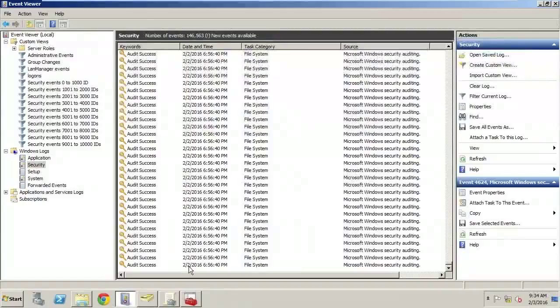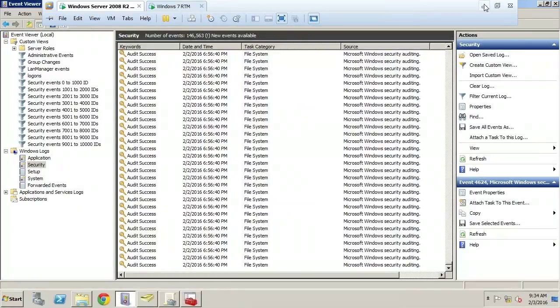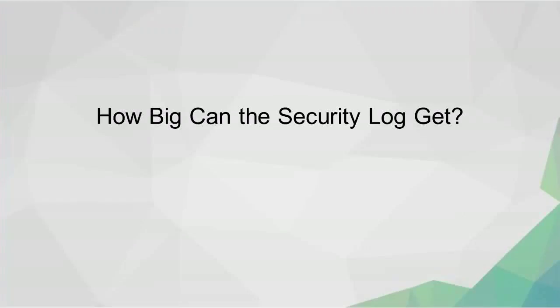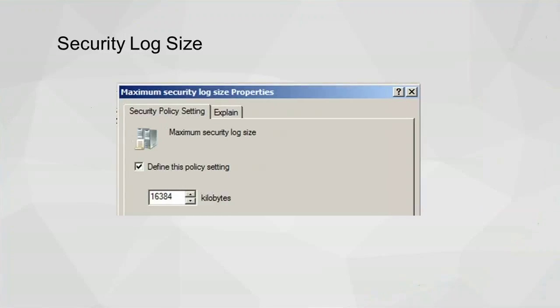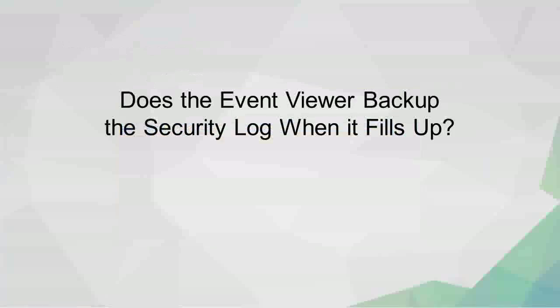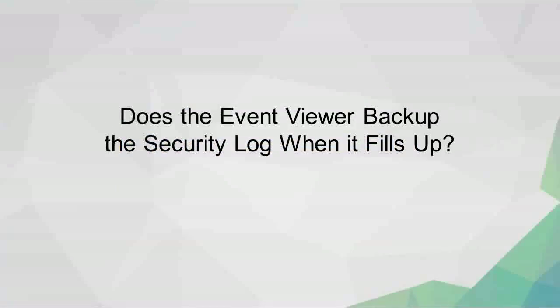I only have a day of information here. So now the wall keeps getting bigger. Now, not only is it difficult to find the information in the log, it may not even be in the log. But wait, does Microsoft give us a way to back up the security log when it fills up?